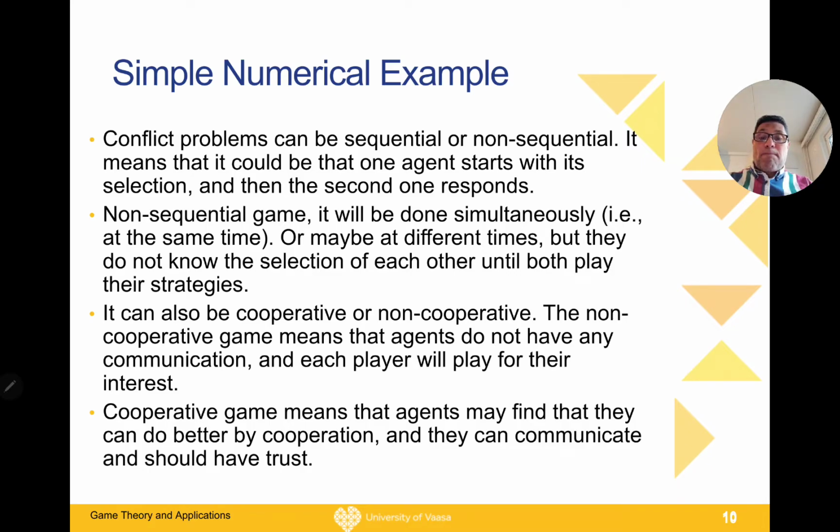Okay. The games can be cooperative and non-cooperative. The cooperative game means that the two players have some communication together, and they think that if they cooperate, then they might get a better reward or revenue for both of them. So both of them can get better payoffs if they cooperate than if they don't.